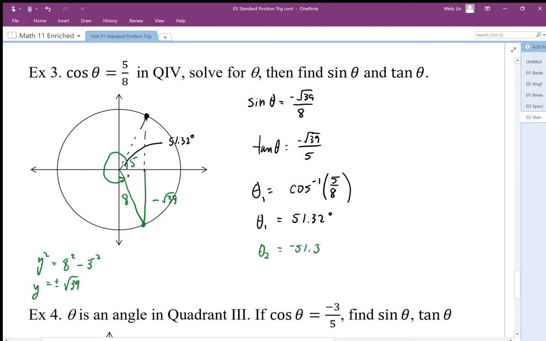That's the right position. Or you can go 360 minus that, and that's going to be 308.68 degrees. If I go 308.68 degrees, I'm going to end up in the same position as negative 51.32. So these both are correct solutions, and those are coterminal.